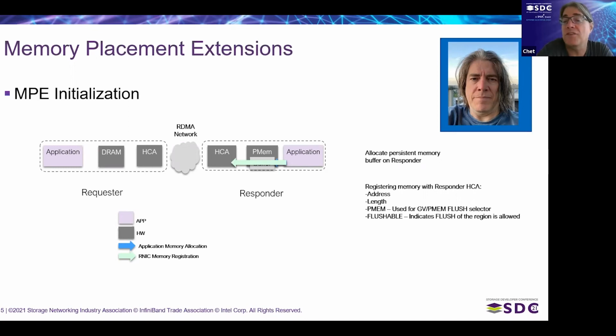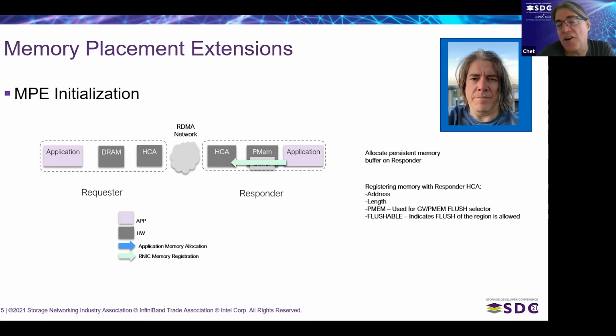I'm going to say this is a persistent memory buffer, and we're going to use that later for the flush selector to decide whether you're flushing to global observability or to persistent memory. And then I also have a flushable indicator, which indicates whether flushing is allowed in this region. That would be used by the responder HCA to do a quick check when the flush command comes in later and verify that the flush command is valid on this memory range.